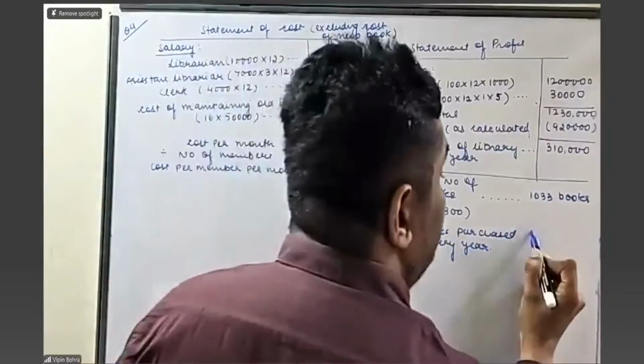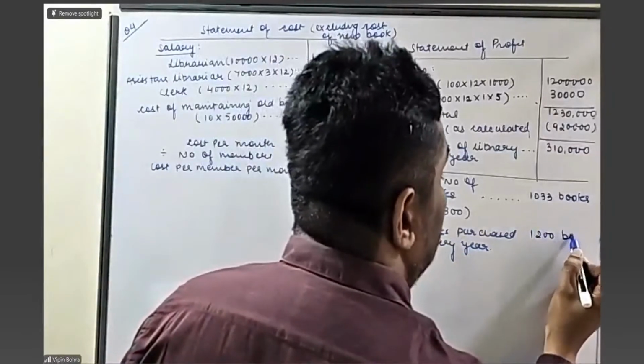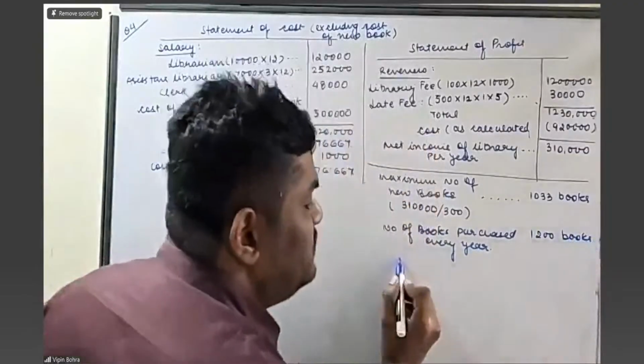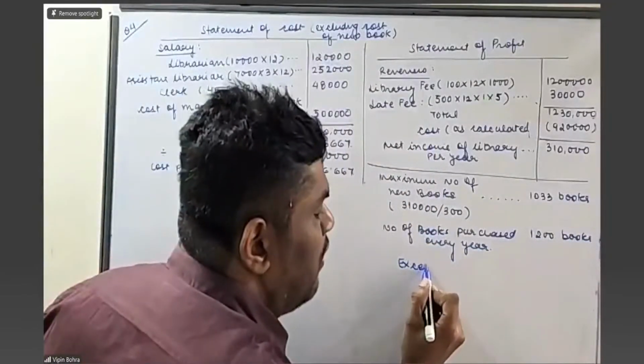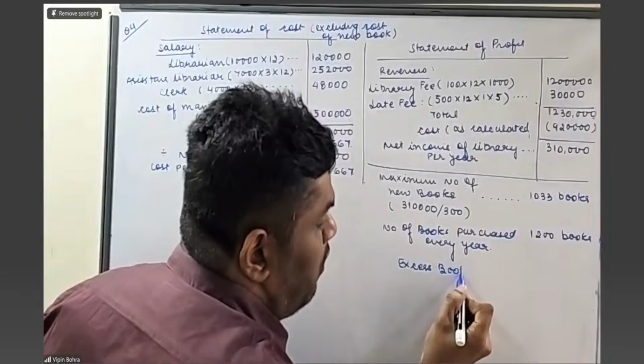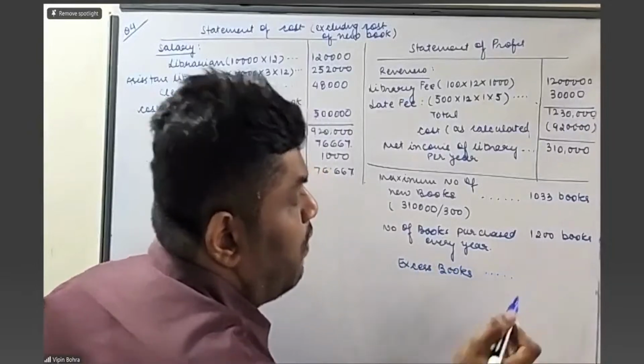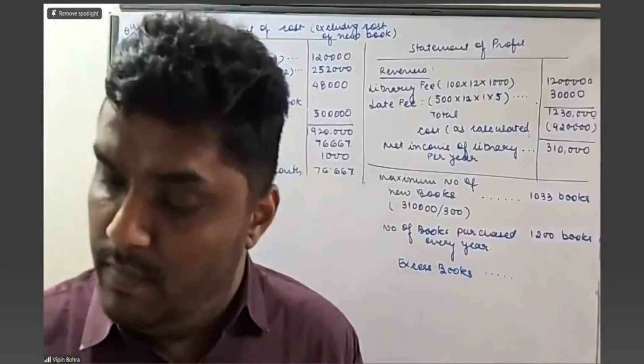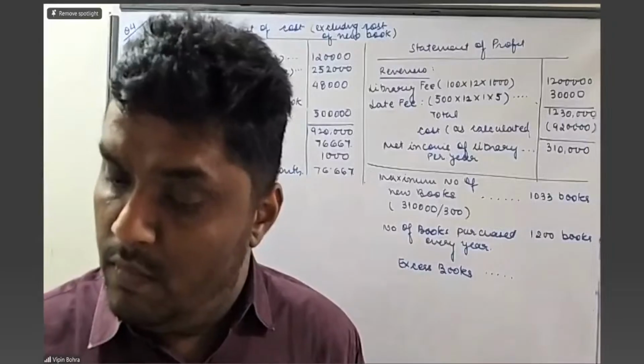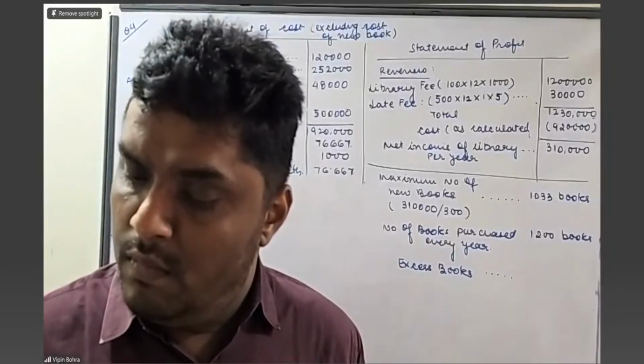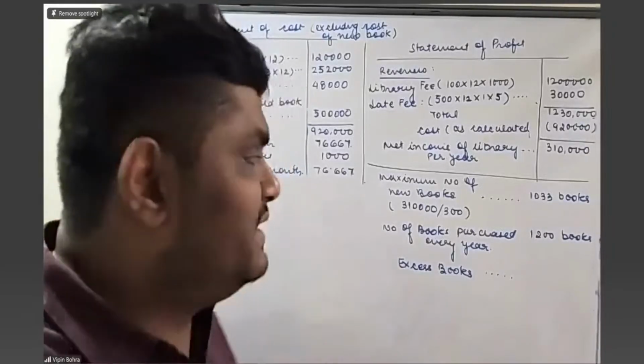On an average, 1200 books they do purchase. So excess books purchased is how much? 167 books.